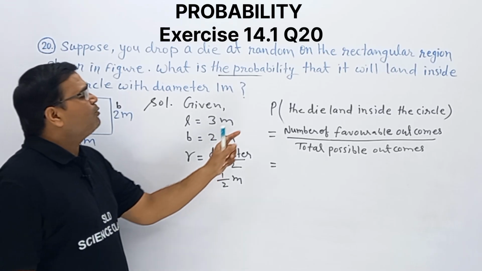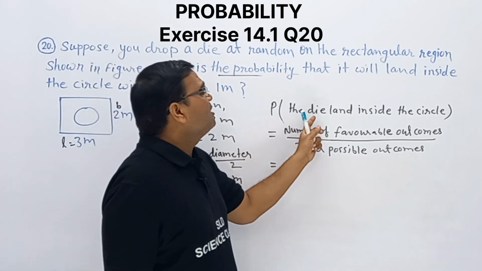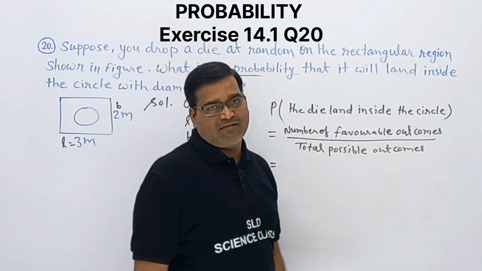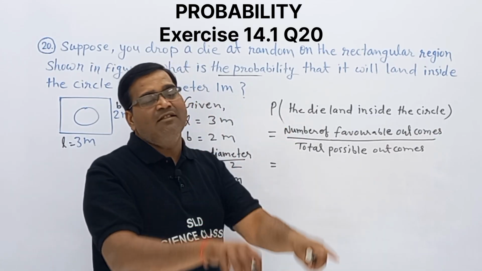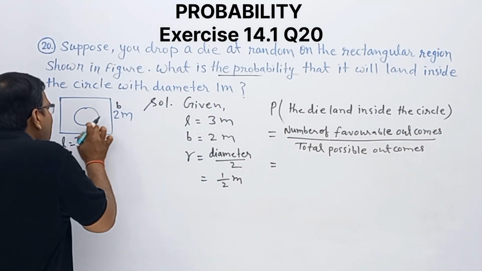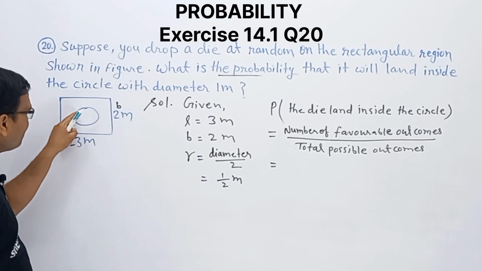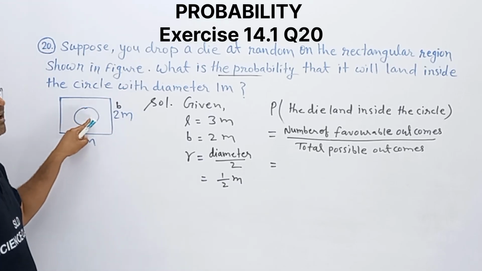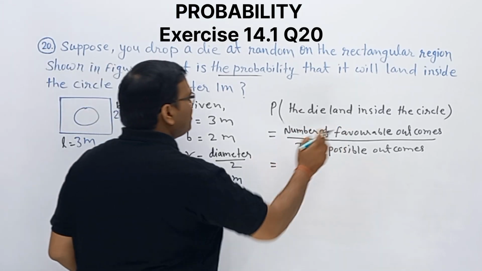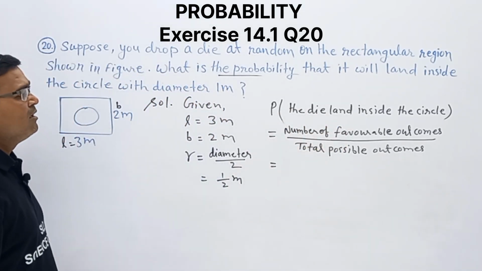Observe carefully. We want the probability of the die landing inside the circle. So for favorable outcomes, we are dropping the die inside the circle, so the number of favorable outcomes will be this area. Why are we selecting this one as favorable?